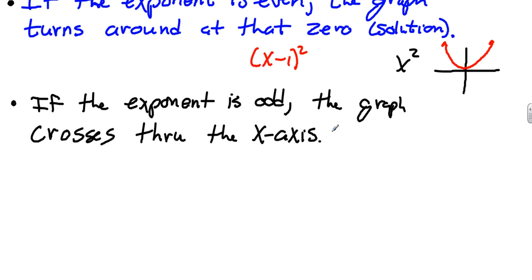Okay, now they're going to give you a couple of things on this. The very first thing that they're going to ask you to do is they're not even going to ask you to graph on these. They're just going to say, all right, here's an equation that we have. Tell me what the zeros are, and tell me if it crosses the x-axis or if it goes on through it.